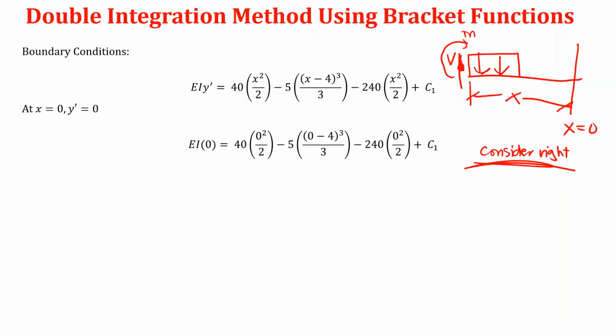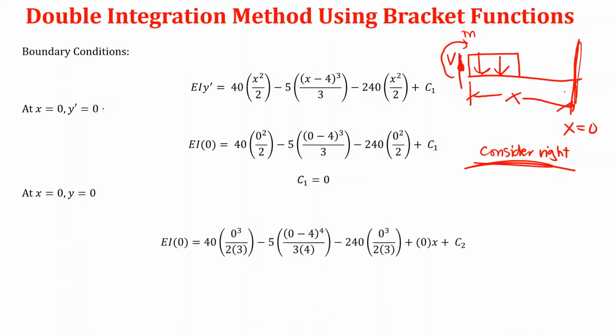So ang x nag-start sa fix. So when x is 0, y prime is also 0. So, substitute lang, we get C1 equal to 0. Karon, when x is also 0, the support is also 0. Y displacement is also 0. So, substitute again. So, we have C2 as 0.